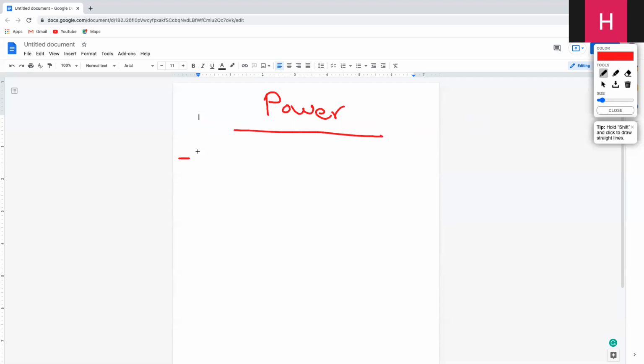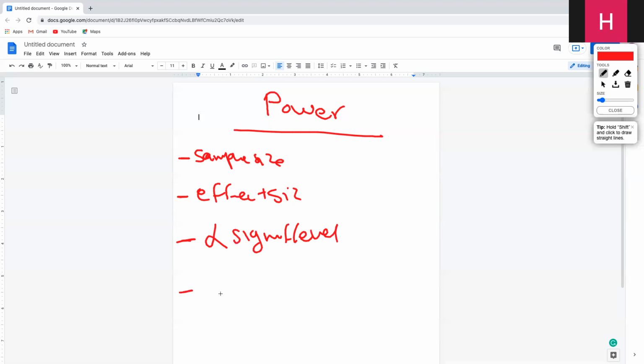We have the sample size, and then we have the effect size, and we have the alpha. See, it's not the alpha error, it is the alpha significance level. That's what we call it. And the last one is the variability.